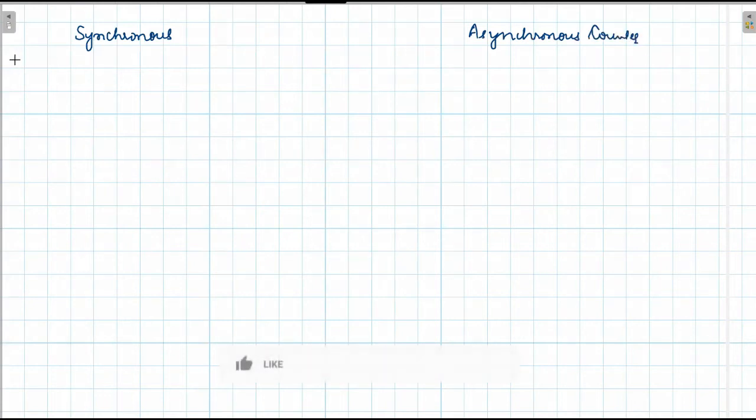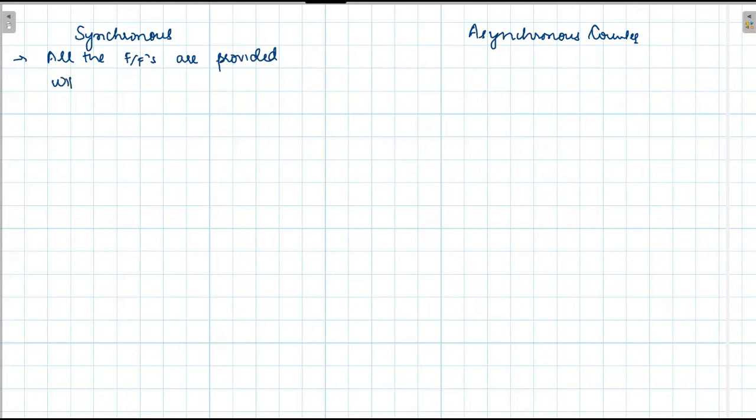When I am using the term synchronous, it means all the flip-flops are provided with the same clock.